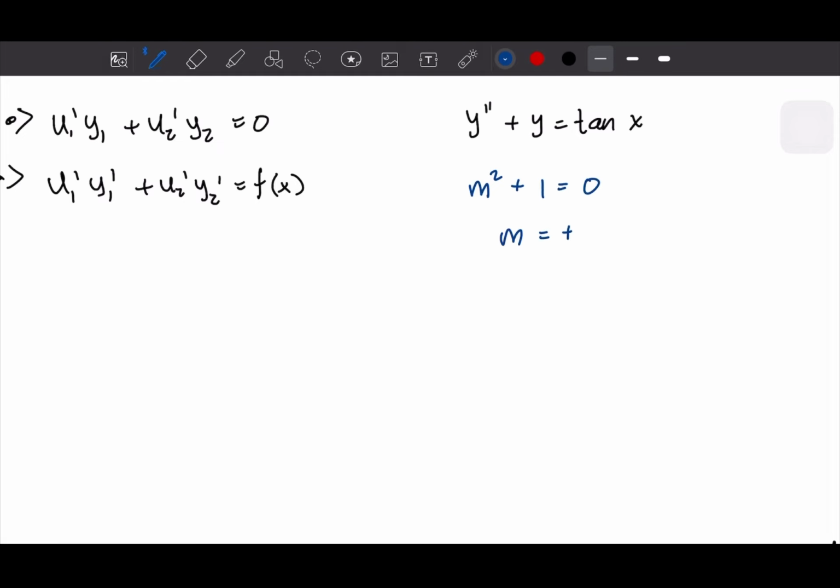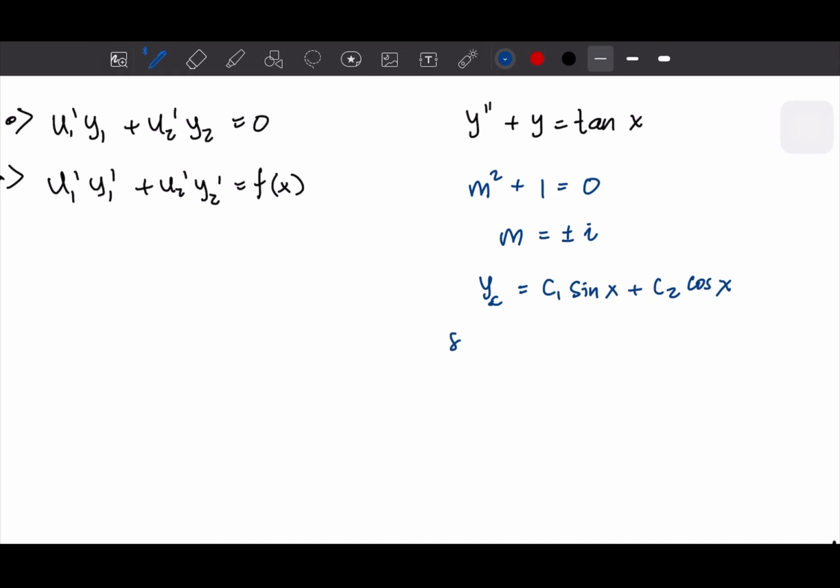So we will have plus minus i, so alpha is 0, beta is 1. So we could write this yc. If you remember, this is c1 sine x plus a constant coefficient, cosine x, like that.